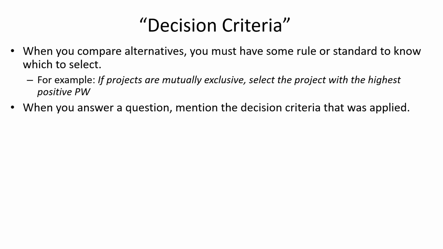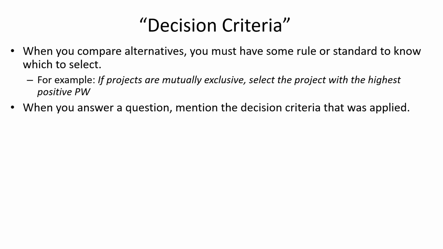Everybody understand that? Because I hate taking off points on an exam when you got the right answer, but you didn't say, like you do the right calculations, but then you don't actually answer the question that was asked. Because doing the calculations is most of the way there. And I do give partial credit on exams.